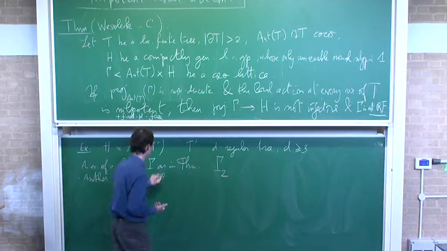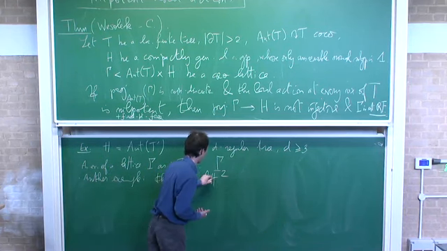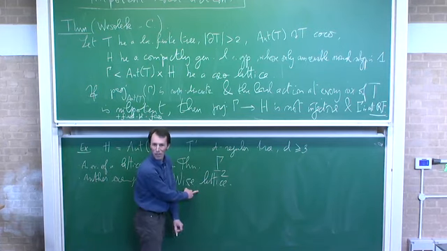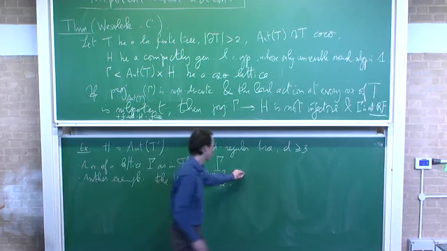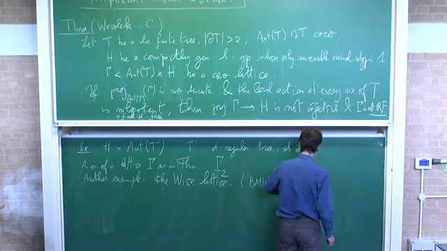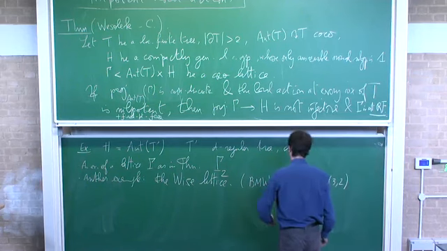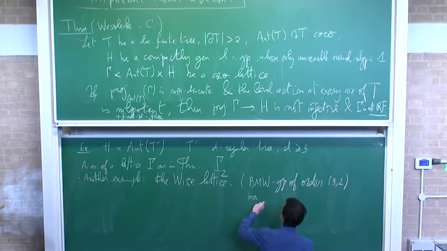It's the Wise lattice. I mentioned this example earlier, so this is a BMW group of Aut T6 cross Aut T4, an irreducible lattice.